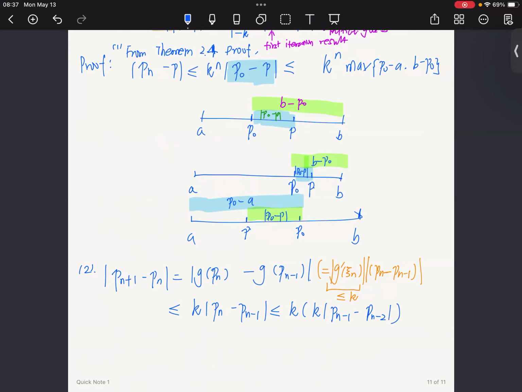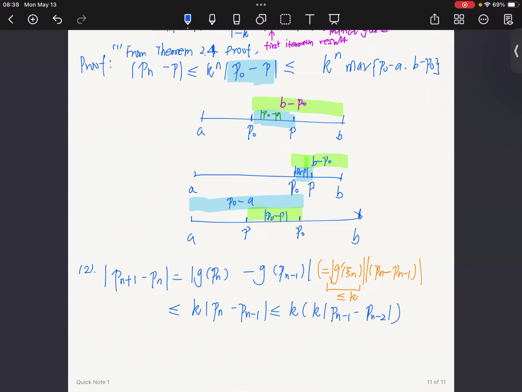This is because if you have the first inequality here, and then you replace n with n minus 1, you will have Pn minus Pn minus 1 smaller than or equal to K times Pn minus 1 minus Pn minus 2. This is exactly what we have here. This part is smaller than the things inside the parentheses.